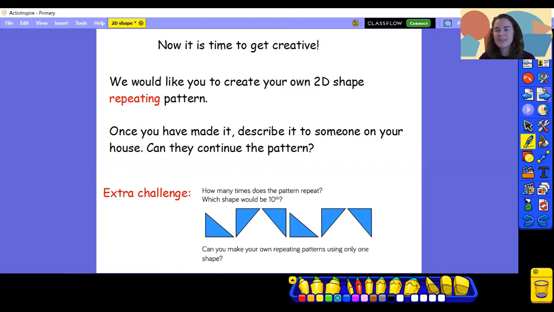Remember, colour is really important in your repeating pattern. Once you've done that, there is an extra challenge for you to solve that we have sent to you. So enjoy getting creative and making your repeating patterns, and we look forward to seeing those. So send them to us on the Year 2 email.